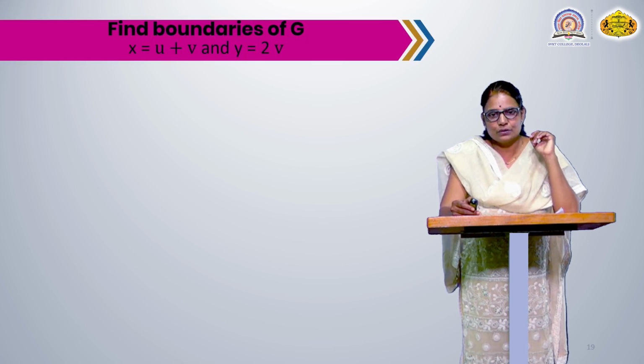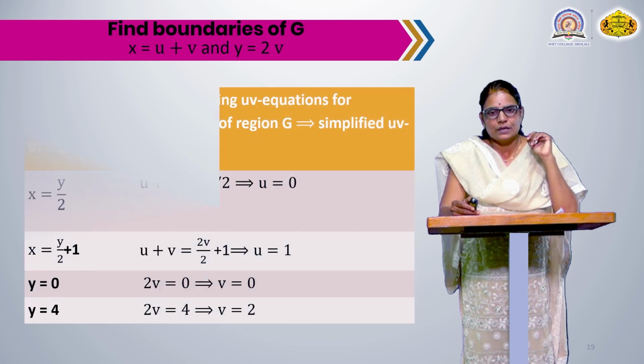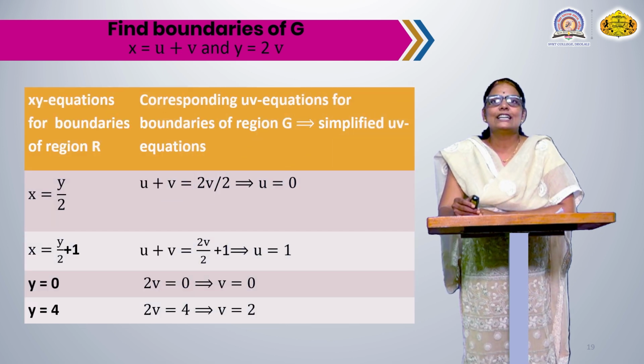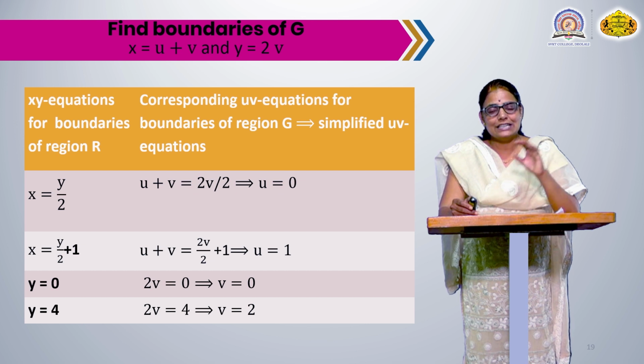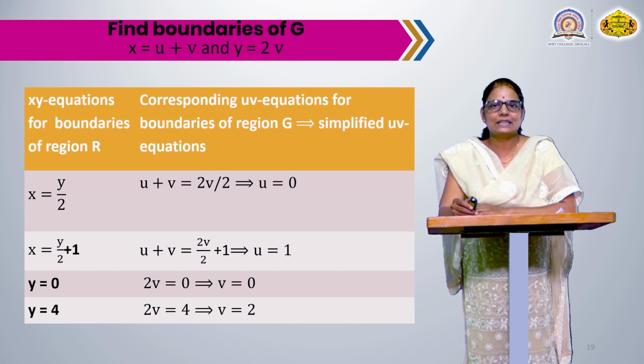Now the third step is to draw the region G. For that we should identify the boundaries of the region G by using the boundaries of the region R. So we prepare a table, which makes it easy to write all these equations.